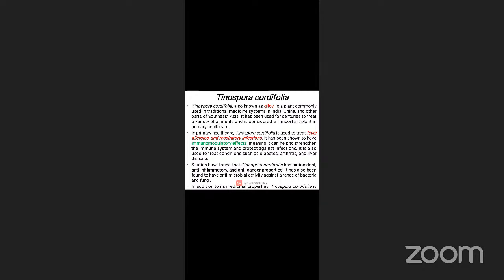It is also used to treat conditions such as diabetes, arthritis, and liver diseases. Studies have found that Tinospora cordifolia has antioxidant, anti-inflammatory, and anti-cancer properties. It has also been found to have antimicrobial activity against a range of bacteria and fungi.